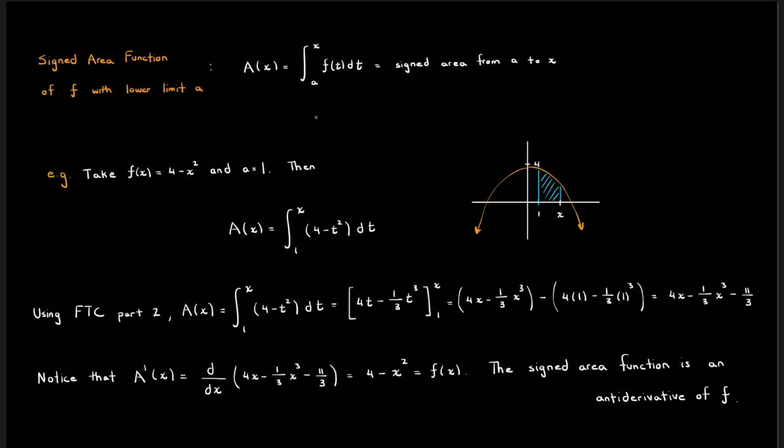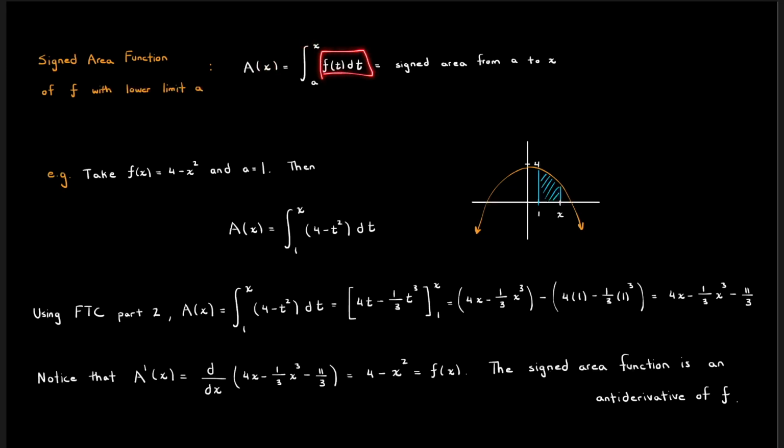Something I want to bring to your attention is that the variable of integration is t, and this will usually be a dummy variable. You can use t, you can use u, but make sure it's different from the variable of the function. In this case, the function's variable is x, and that is why x is over here, because that's what it varies. So you're allowed to change the upper limit of this integral.